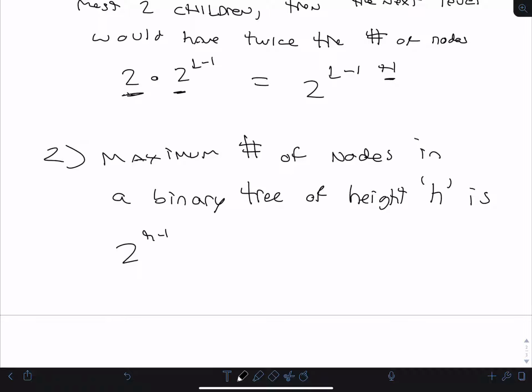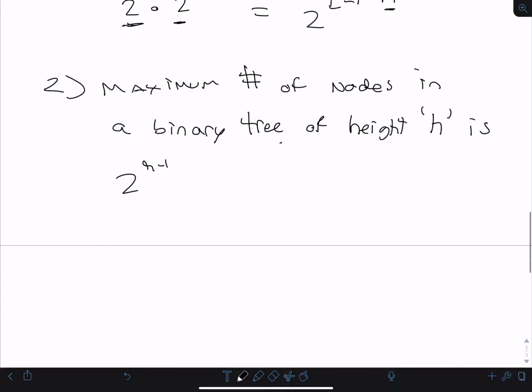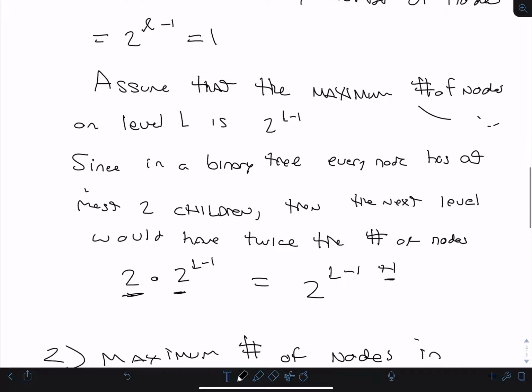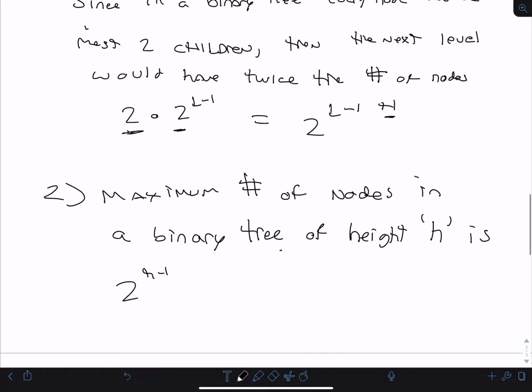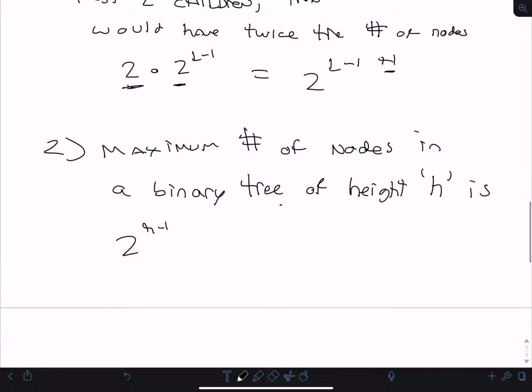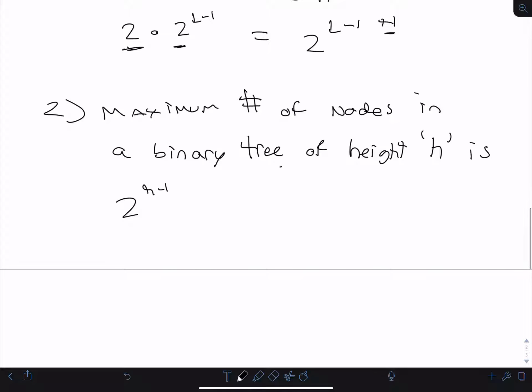So this is saying the maximum number of nodes in the binary tree, so now we're no longer talking about a specific level, but the entire tree of height h is 2^h - 1. Now you're thinking, wait a second, the other one was 2^(L-1), but that was for levels, right? Well, yes, but now we're going to consider that the height of a tree with a single node is considered as 1.